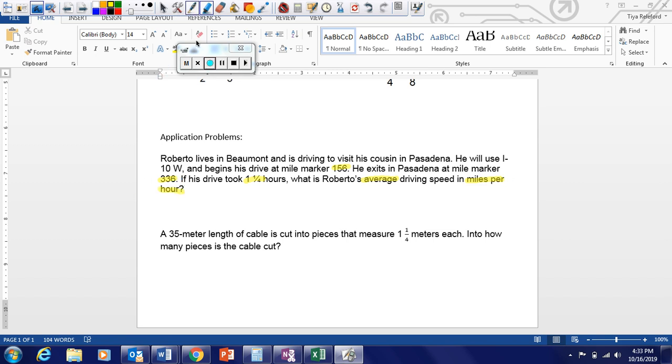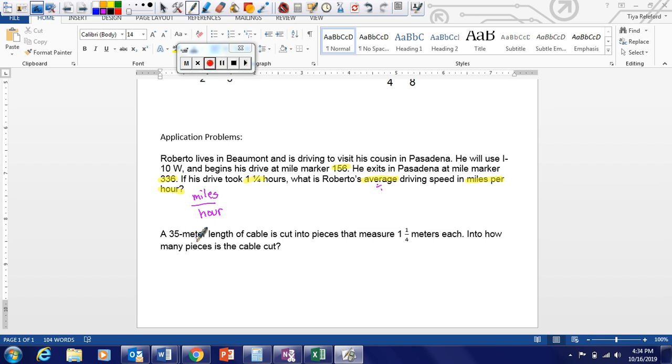Alright, so this one's a little bit tricky for an example. Average often says divide, and we are dividing miles per hour.